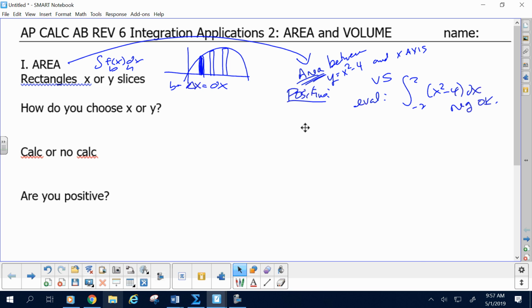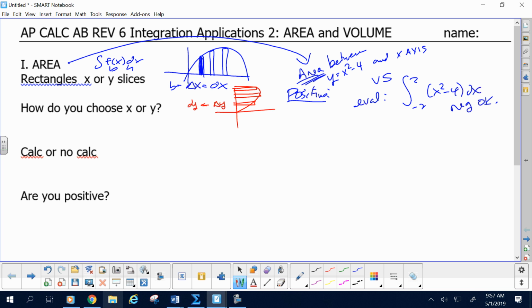If, for whatever reason, you were to draw rectangles this way, then this small thickness is delta y becoming dy, and you're using y as the variable. So draw and say, what are my slices?